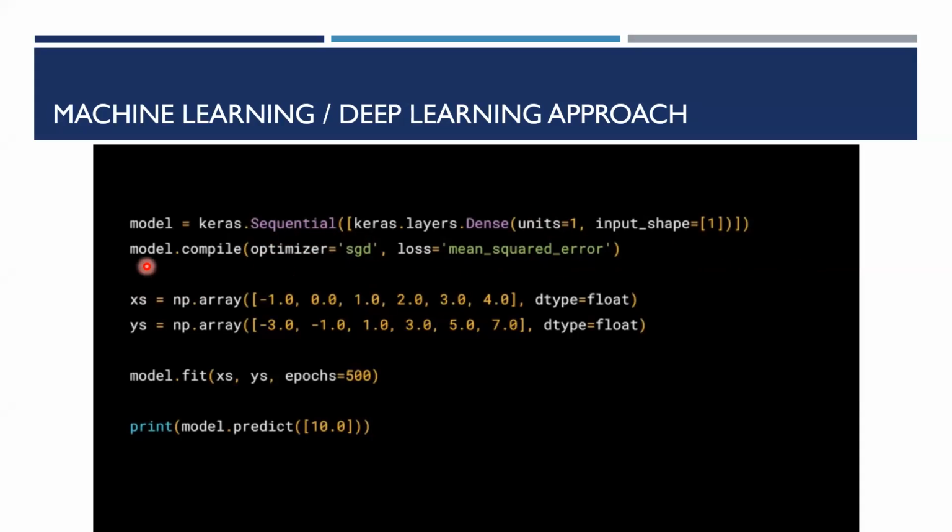So through model.compile, you are specifying what optimizer we should use for making a new guess, and what loss function we should use for calculating the error and adjusting those errors while coming back in the back propagation. That is what you do when you say model.compile.